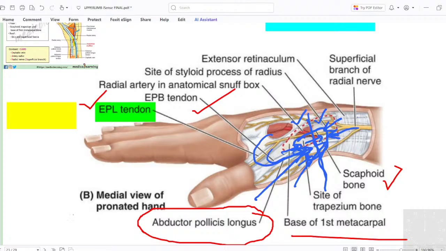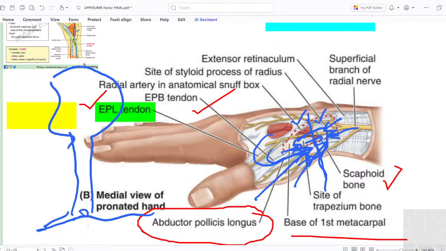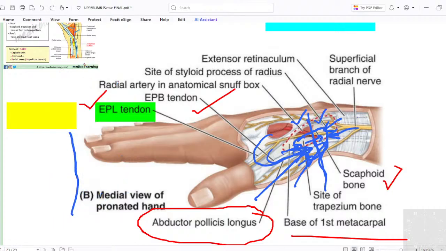If you remember it like a tree, normally from the root nutrition goes up, but for the scaphoid it is opposite: from the leaf, nutrition comes to the root. So if there is a cut here, the root will die first, but the leaf, as it has supply, will remain alive. So the proximal receives its supply from the distal end. Yes.